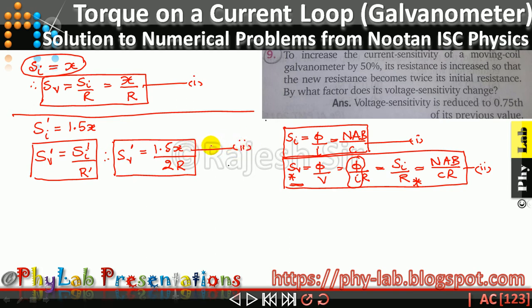So this becomes my new voltage sensitivity of the galvanometer, and let me write this as equation number 2. Now I need to compare the original voltage sensitivity to the new one. So dividing both the equations, SV upon SV dash is X upon R divided by 1.5X upon 2R.